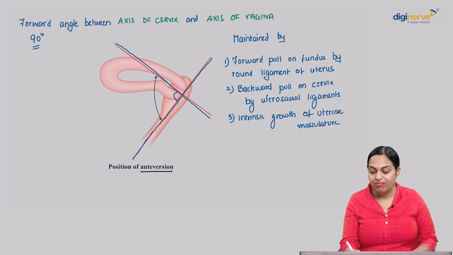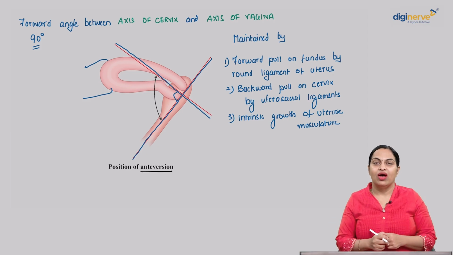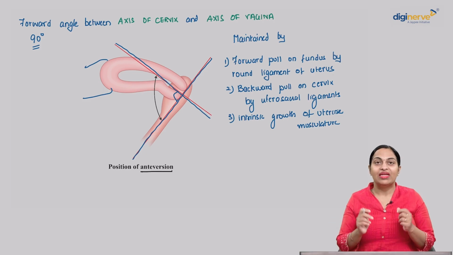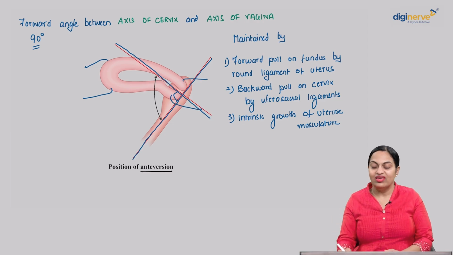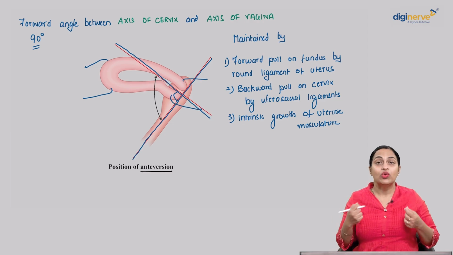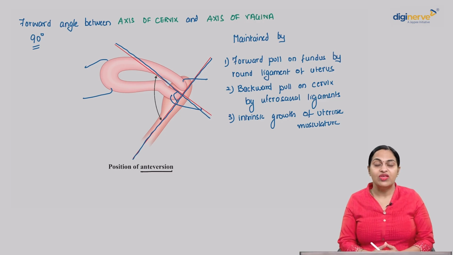It is maintained by the forward pull of the fundus of the uterus by the round ligament and the backward pull at the cervix by the uterosacral ligaments and also the intrinsic growth of the uterine musculature.